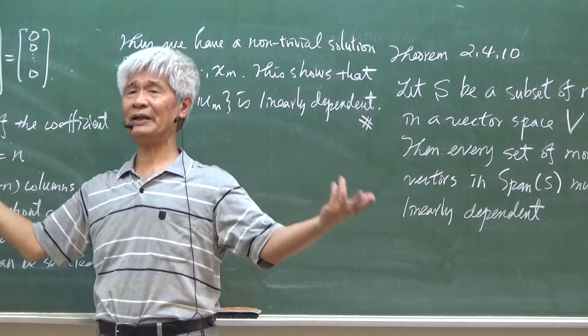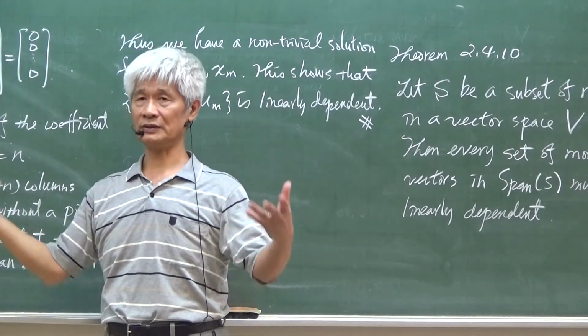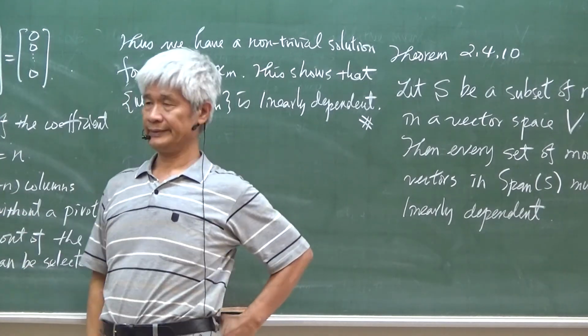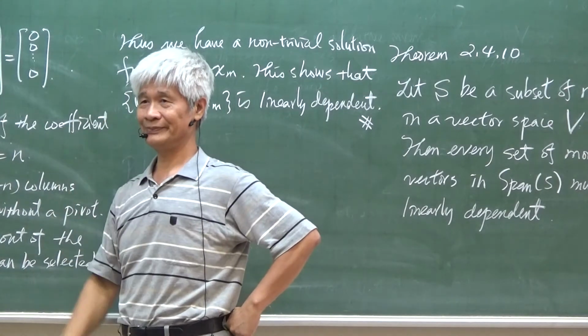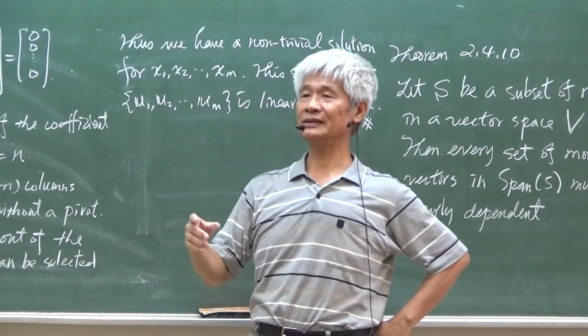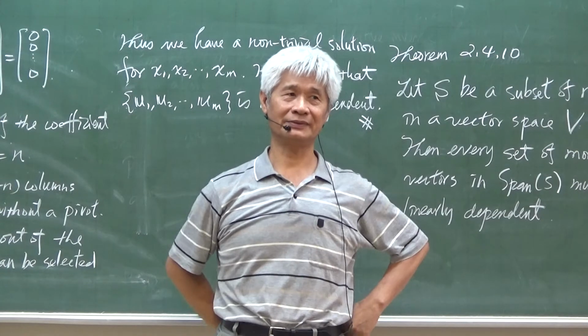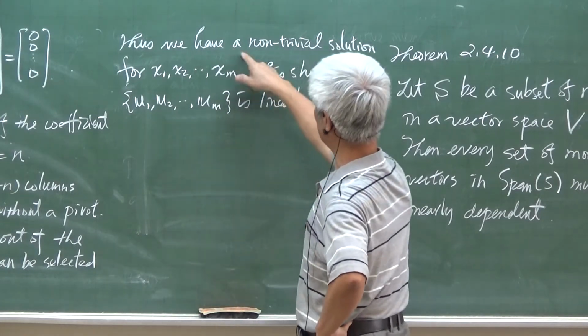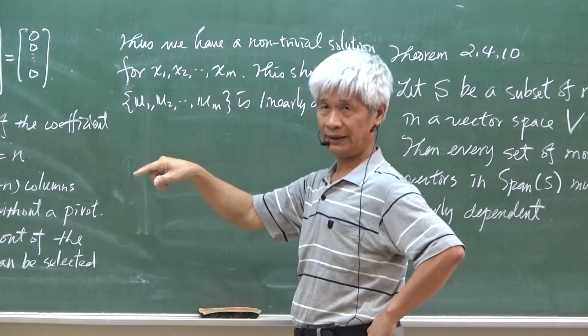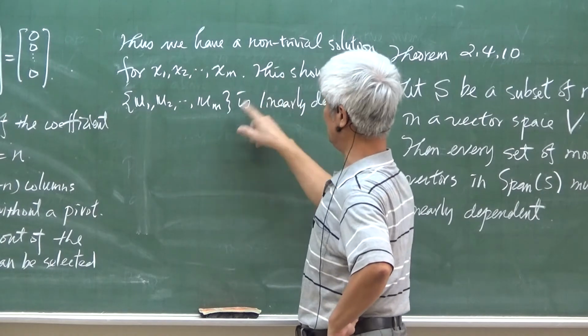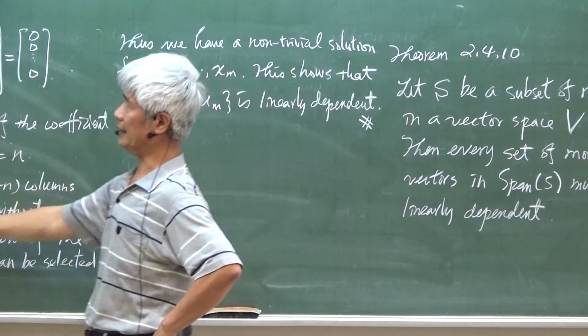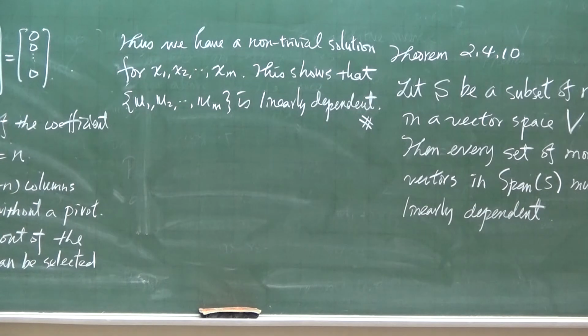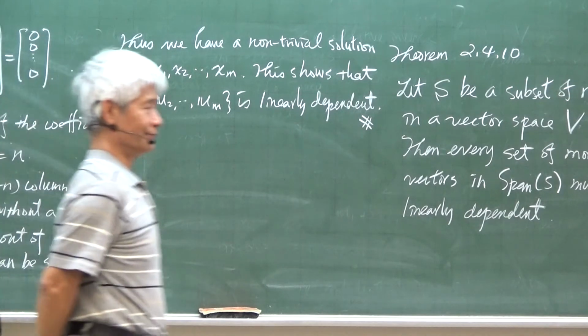So we have infinitely many solutions, non-trivial solutions at that. But we are not greedy. Just one is enough. So we say we have a non-trivial solution. And then over here, we can find a non-trivial linear relation. So it exists, and then we're done.